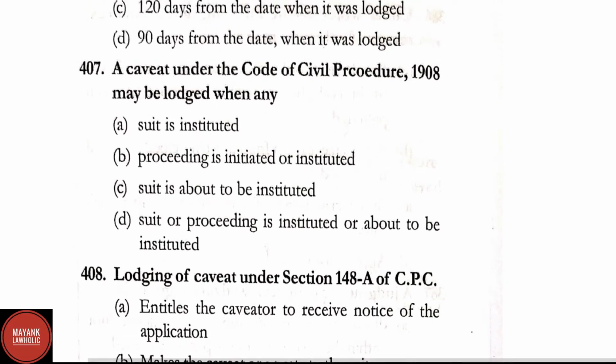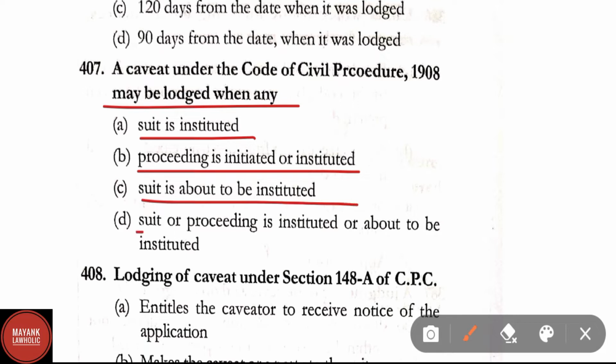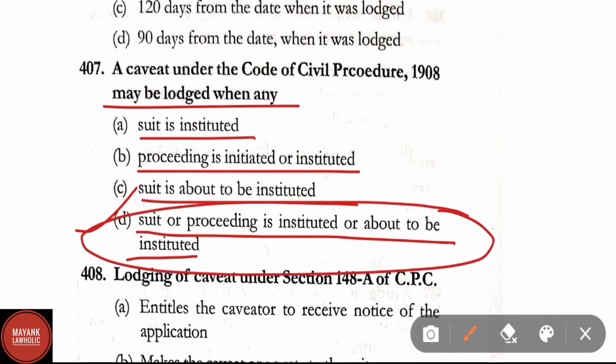Question number 407. A caveat under CPC may be lodged when any: option A, suit is instituted; option B, proceeding is initiated or instituted; option C, suit is about to be instituted; option D, suit or proceeding is instituted or about to be instituted. Here the correct answer is option D, that is suit or proceeding is instituted or about to be instituted.